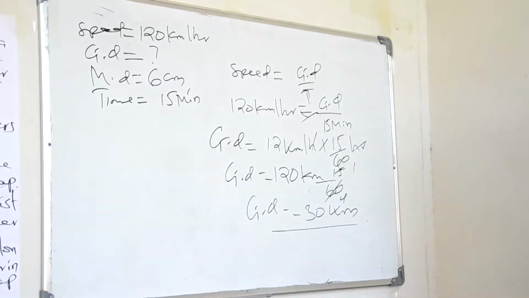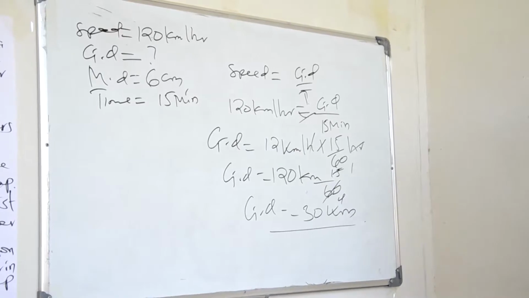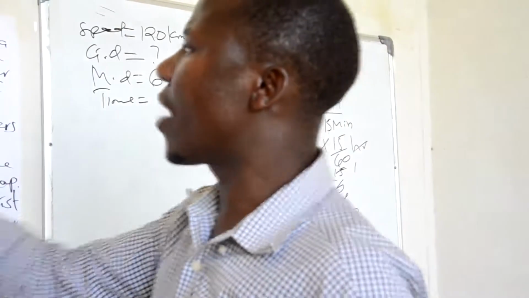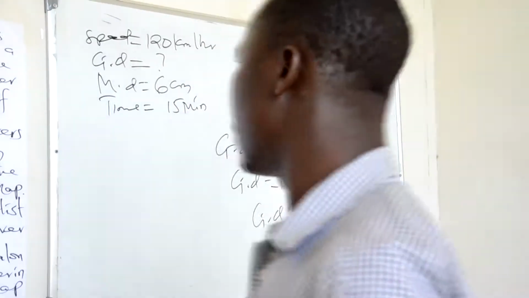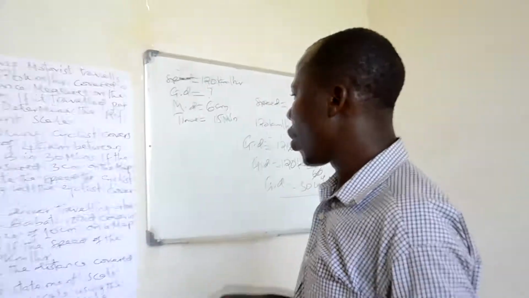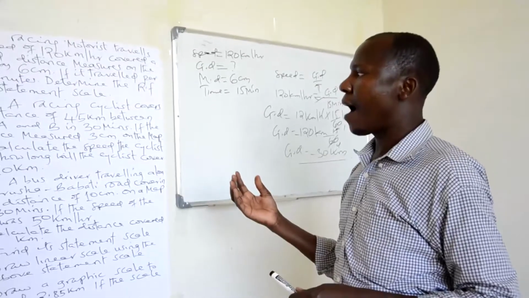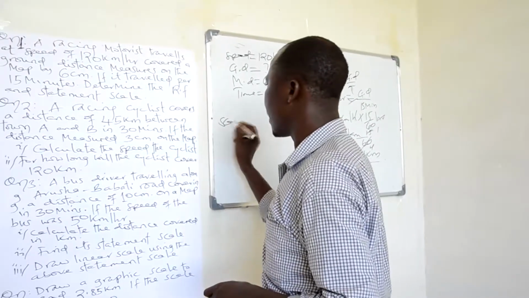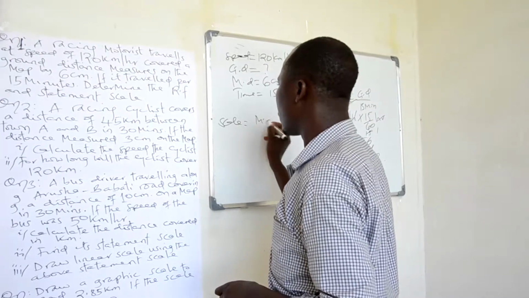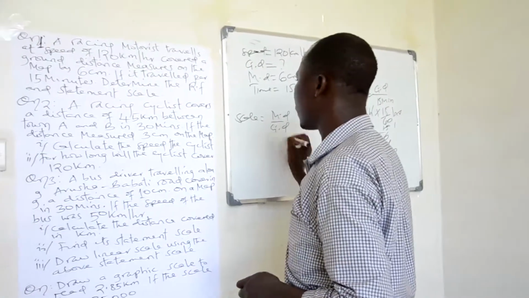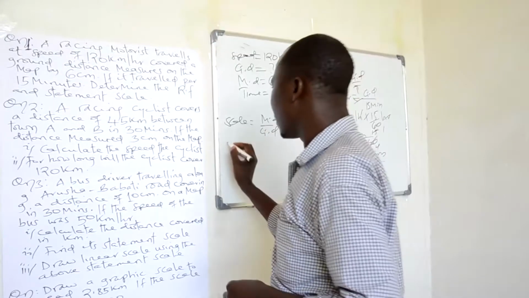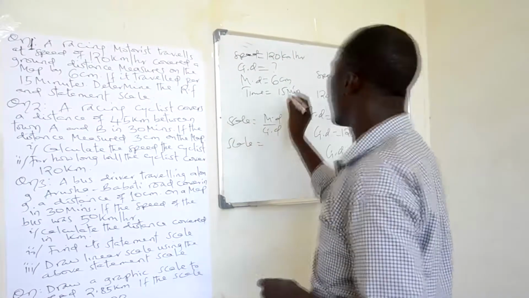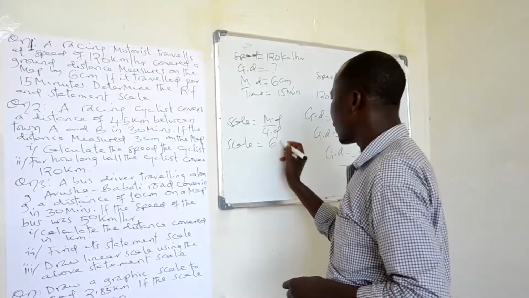After that, the question is to determine the RF and the statement scale. In order to obtain a scale, as you know, scale is equal to map distance over ground distance. But scale is equal to map distance, we have 6 centimeters, over 30 kilometers.